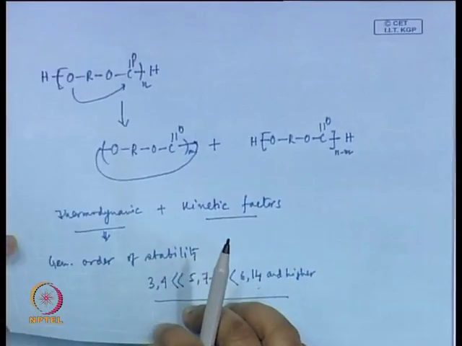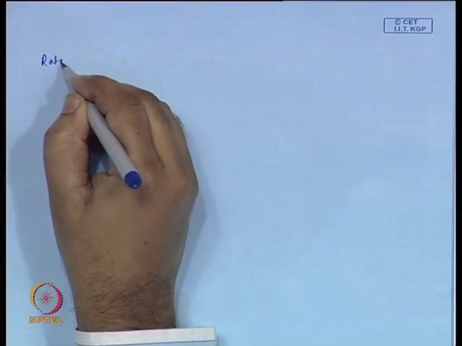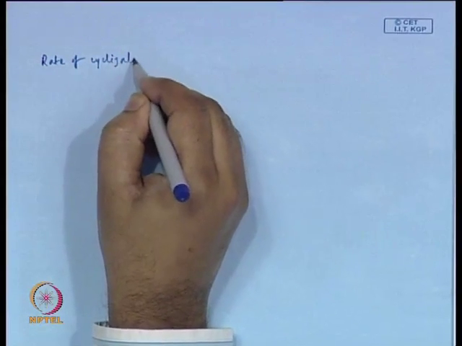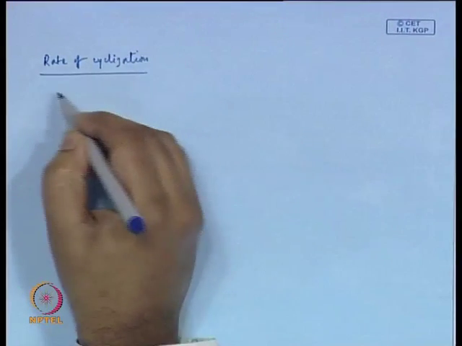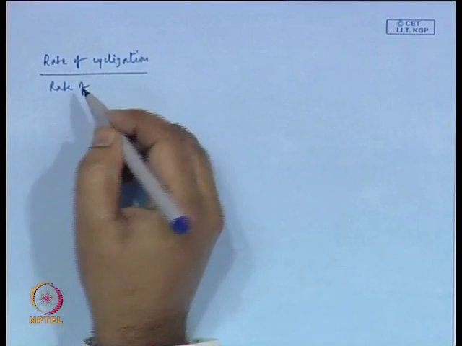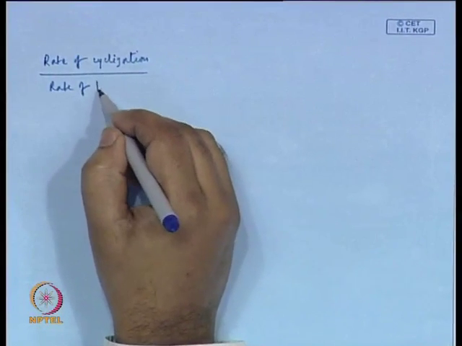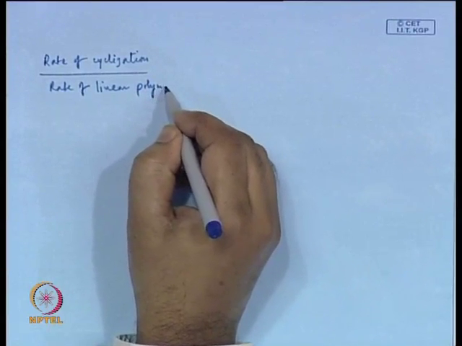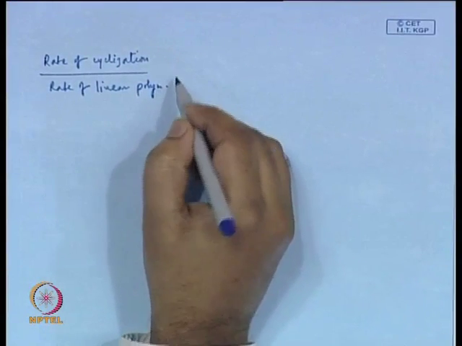Okay. So, I can write the rate of cyclization versus rate of linear polymerization.